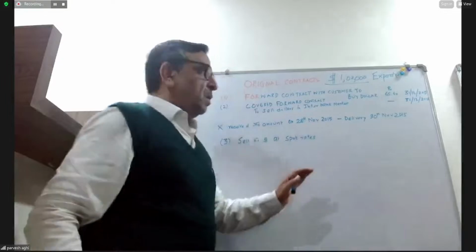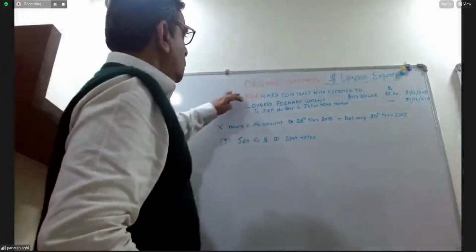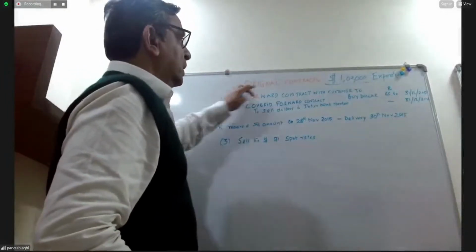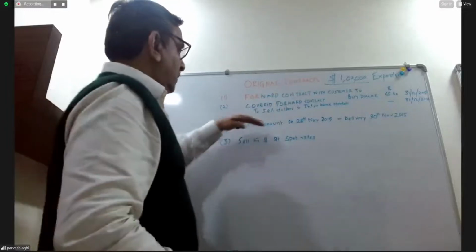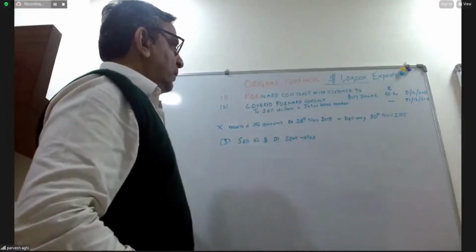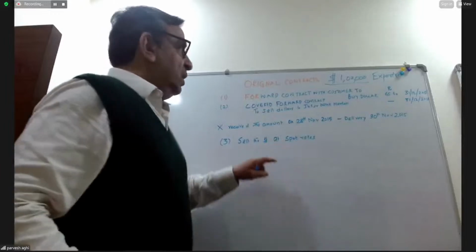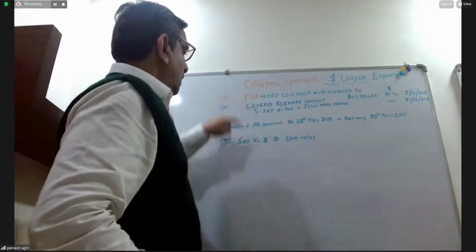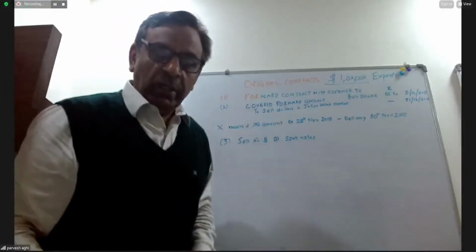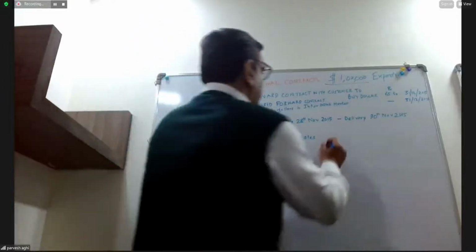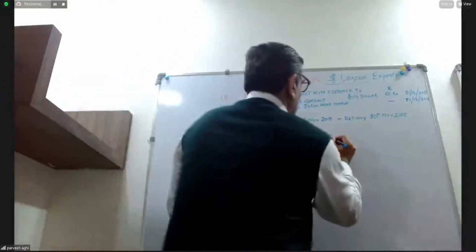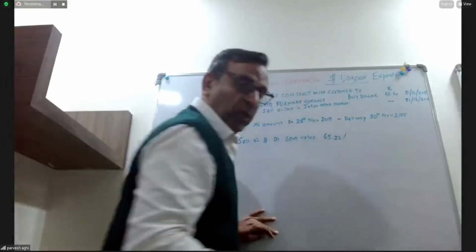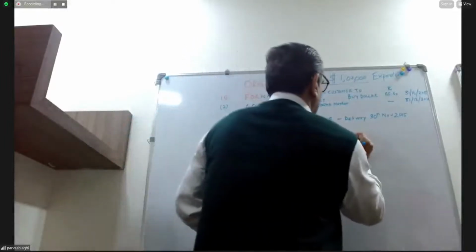Since they have sold the contract to you at 65.4, they're going to stick to this rate even on 28th of November 2015, and cover this at the spot rate. The rates are 65.22 by 65.27.